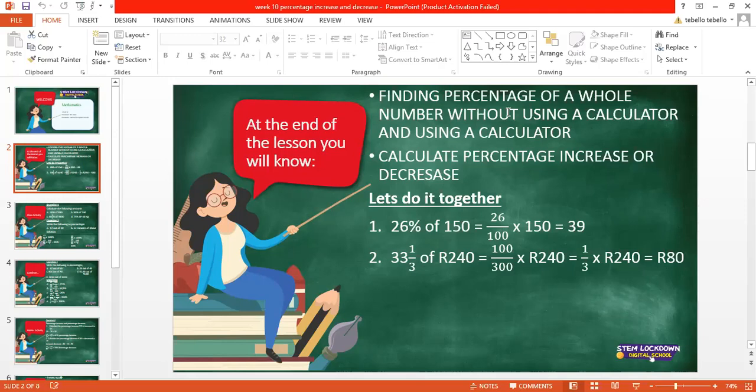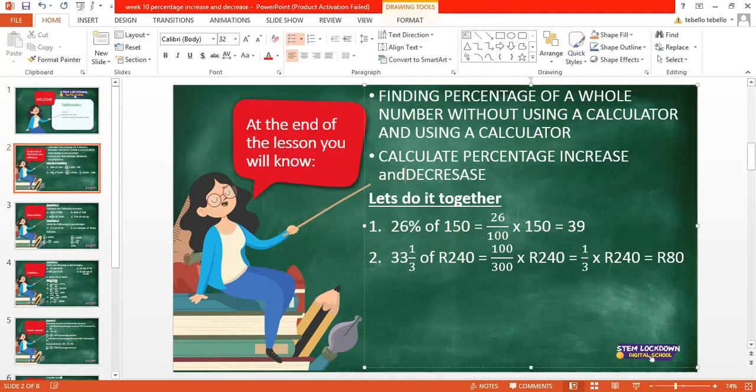So in this case, you calculate a percentage decrease and a percentage increase, right? That's what we would do for tomorrow, and for today we will focus on finding percentage of a whole number without using a calculator or with the use of a calculator.